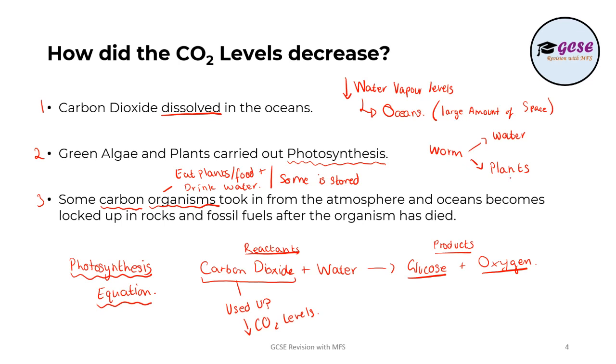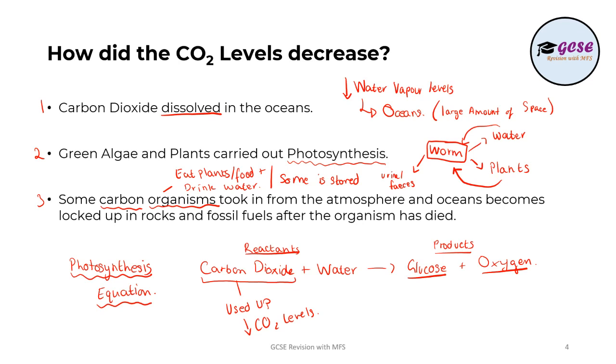The carbon from the water will go into the worm, and carbon from the plants would go into the worm as well. The worm will excrete some of this as urine or feces. However, some is still inside the worm. When the worm dies, the carbon is still inside the worm.